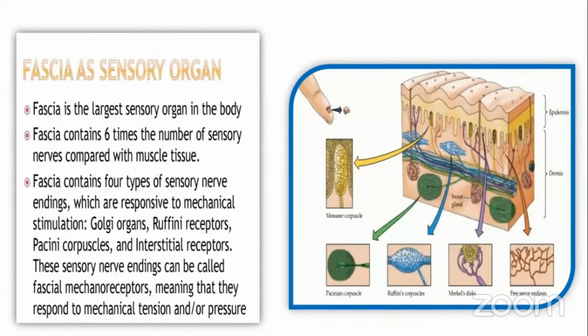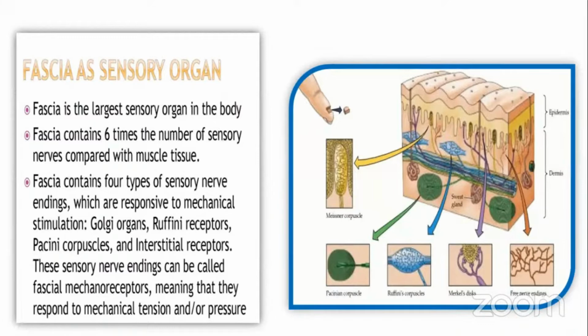This is really important. Menurut dokter itu, jadi fascia itu merupakan sensori yang paling besar, the largest in our body. So fascia the largest sensory in our body, yang terdiri dari 6 sensory nerve yang bisa kita bandingkan dengan jaringan otot.